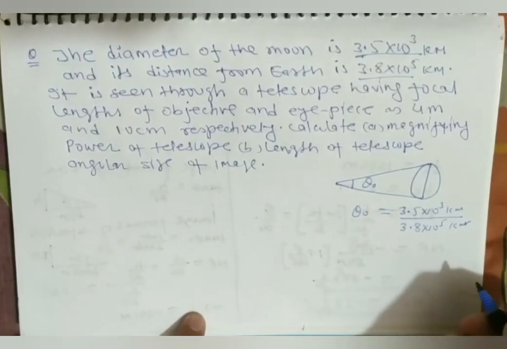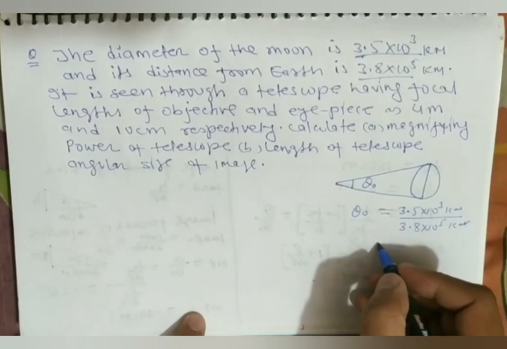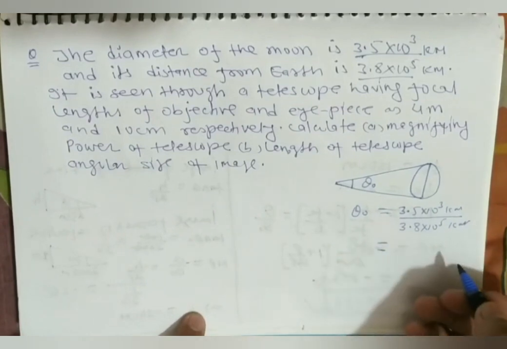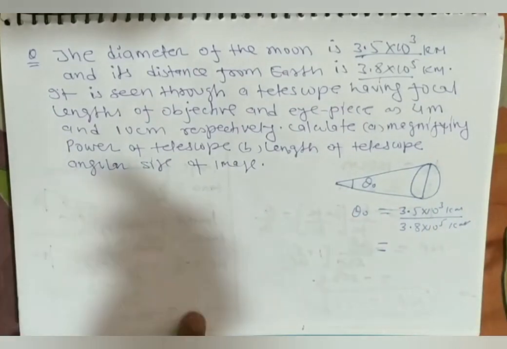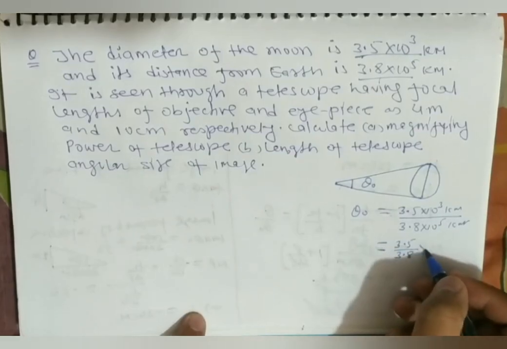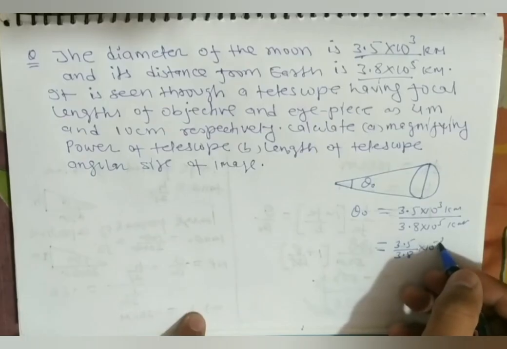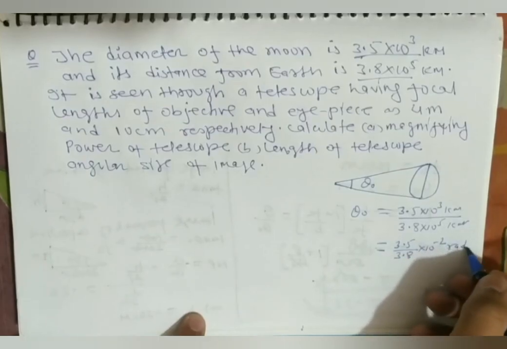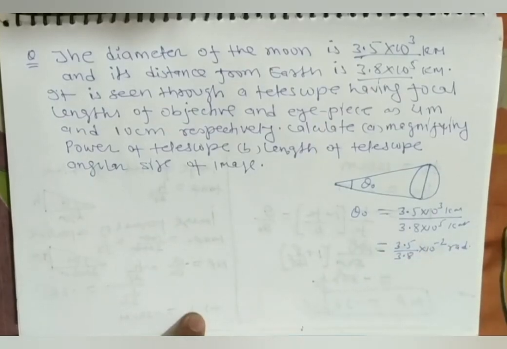So the theta naught will be 3.5 upon 3.8 into 10 to the power minus 2 radian. Okay.